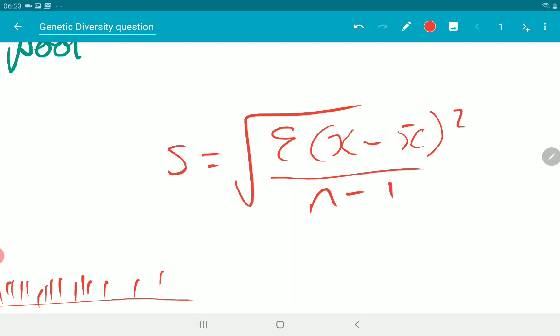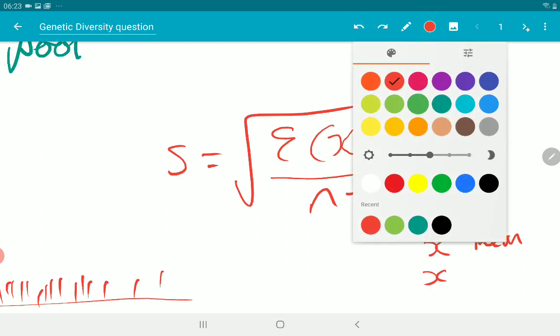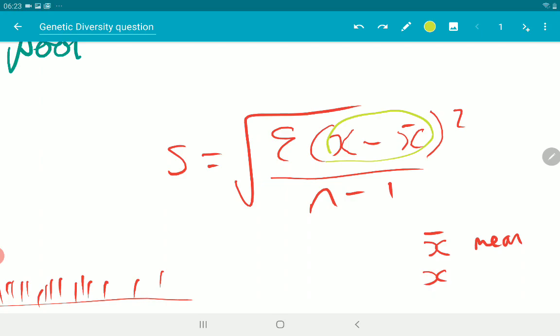So what we've got here in standard deviation is x minus x-hat. That is the mean, and x is each data point itself. So x minus the mean is a measure of how far everything is from the mean, okay?